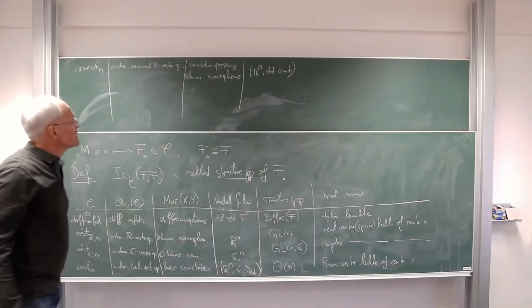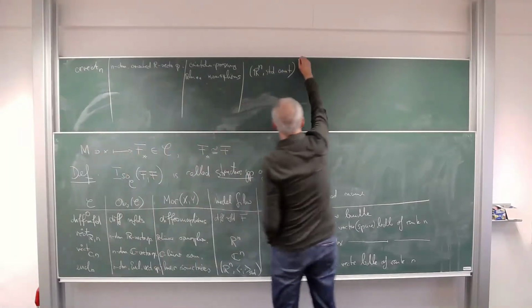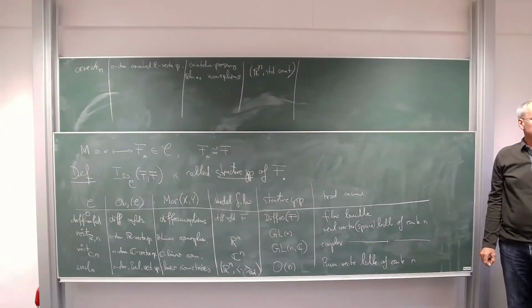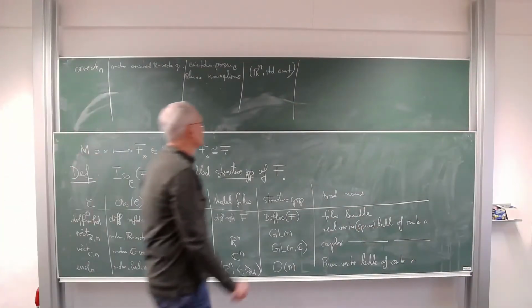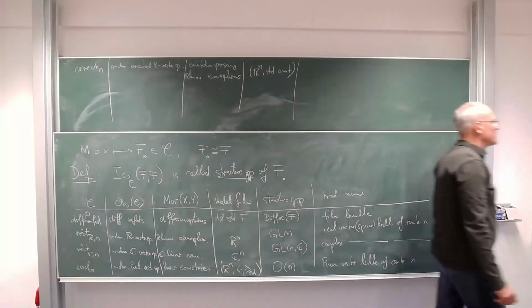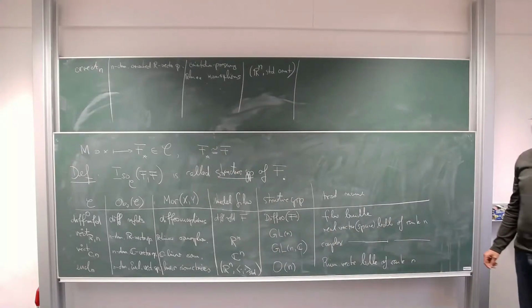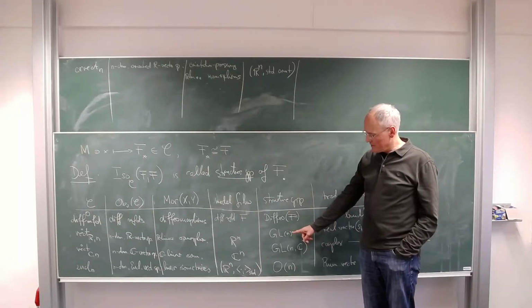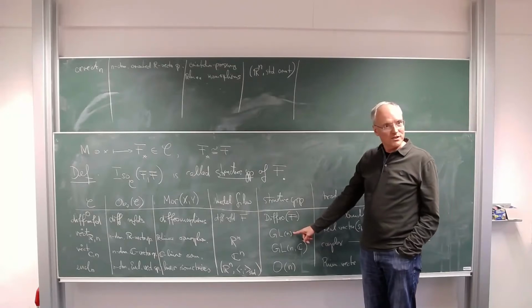Okay. So what is the structure group? Well, it doesn't have a very good name, really. So we have to look at all those matrices in GLn which are orientation preserving.